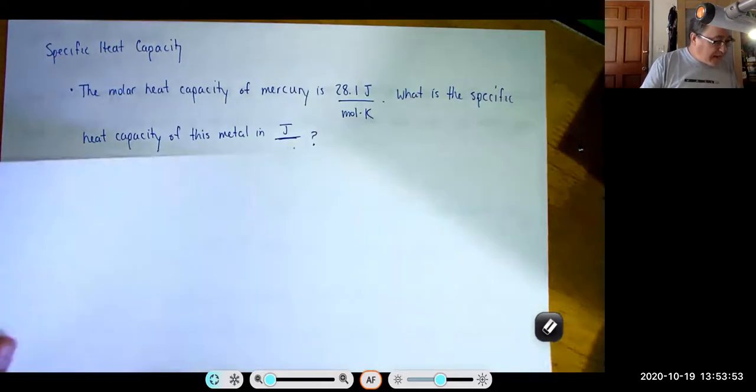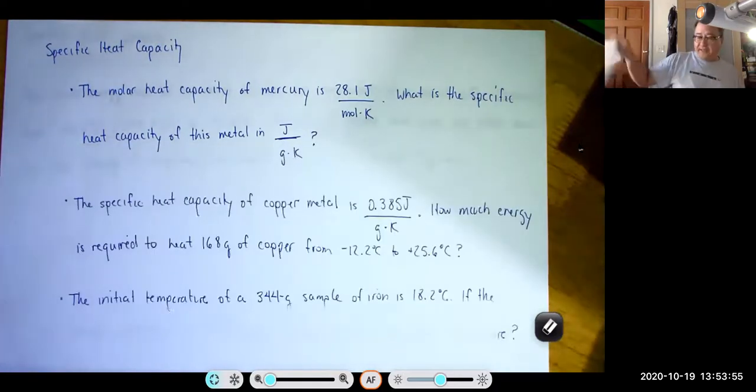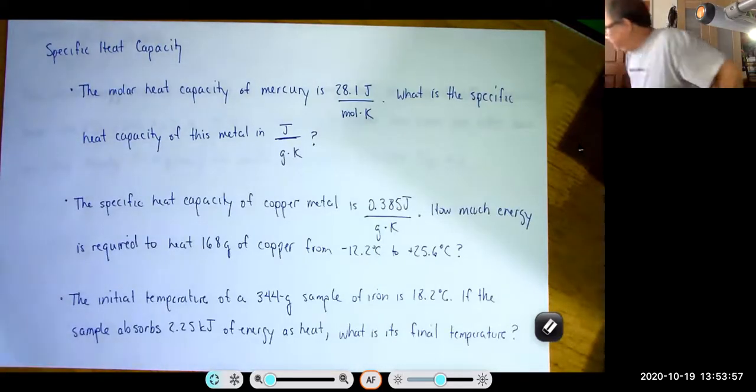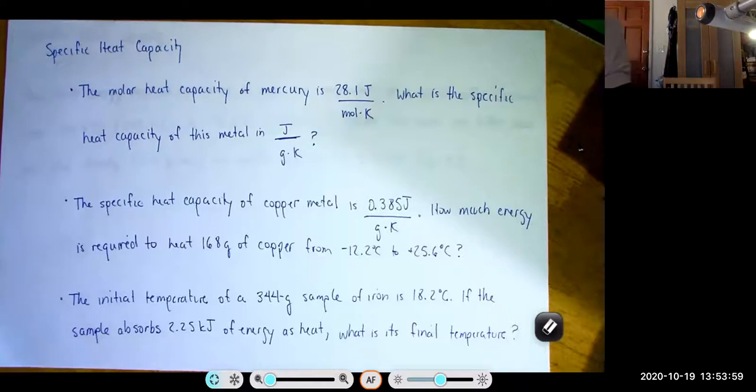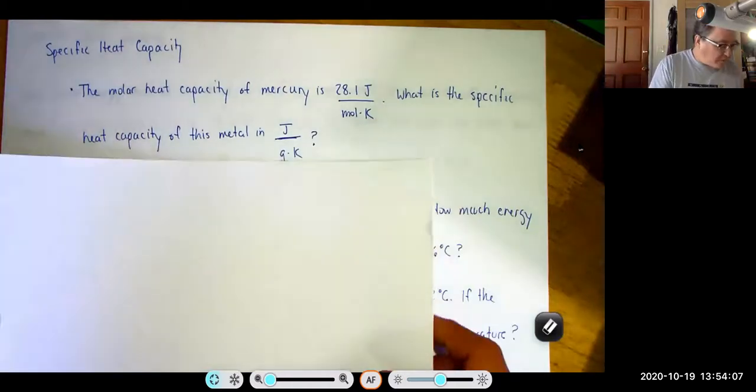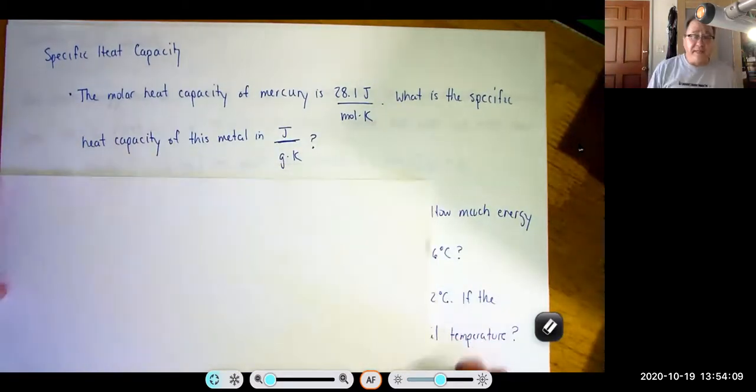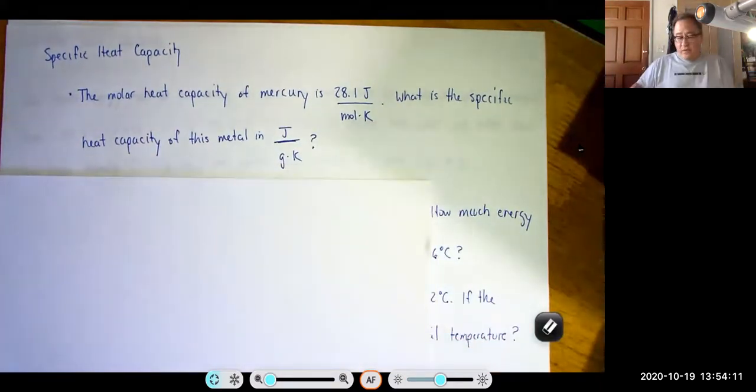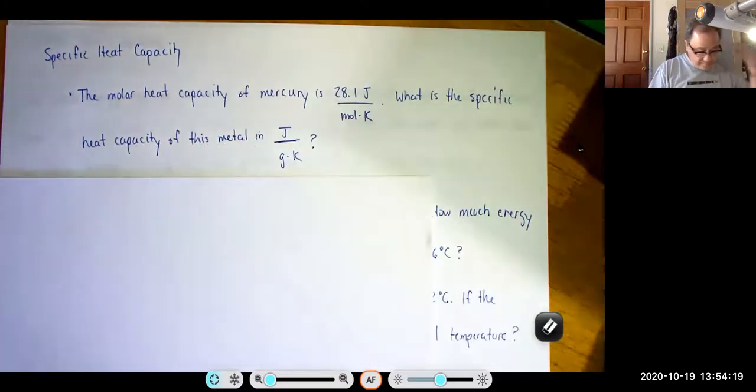So the first one here we have is that the molar heat capacity, let me get some paper here. So here we have the molar heat capacity of mercury is 28.1 joules per mole K. What is the specific heat capacity in joules per gram K?